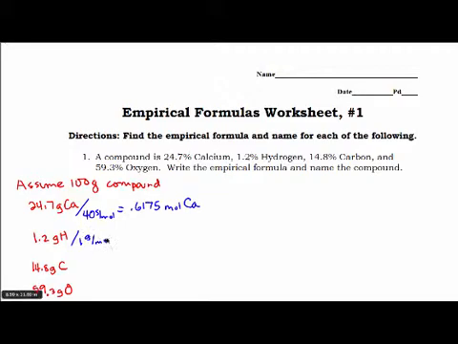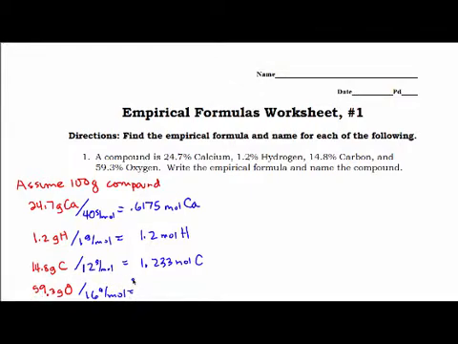You divide by 1, you get 1.2 moles of hydrogen. I divide by the molar mass of 12 grams per mole for carbon, and I get 1.233 moles of carbon. And I divide by the molar mass of oxygen, which is 16, and I get 3.71 moles of oxygen.